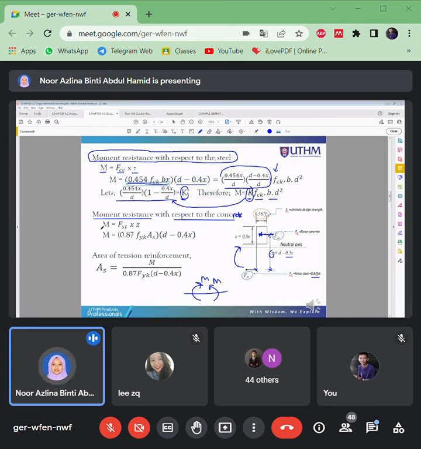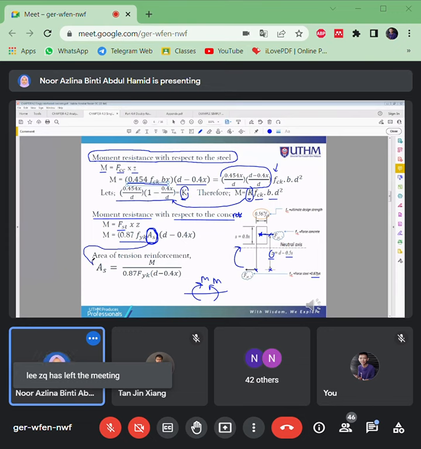So M, moment resistance, is equal to FST, which is 0.87 FYK AS. The tension force for the steel is multiplied with the area of the steel, multiplied with its length. Its length is Z, which is D minus 0.4X here. From these equations, once you calculate the moment resistance with respect to the concrete, you will have this AS value.